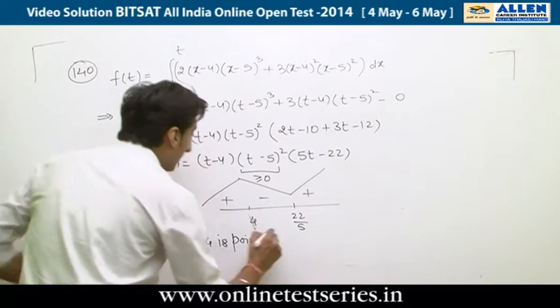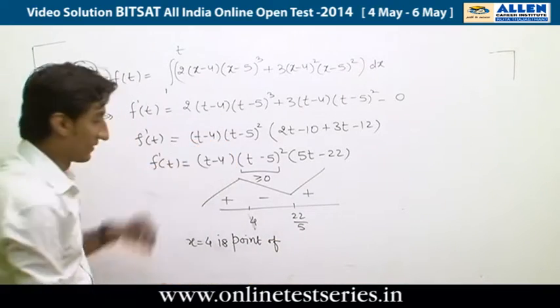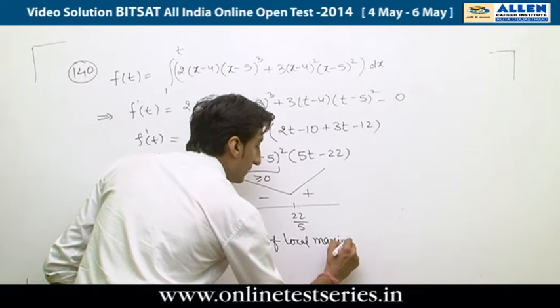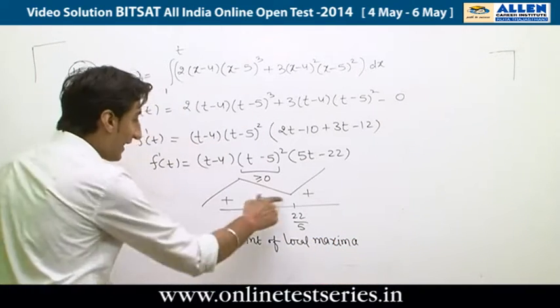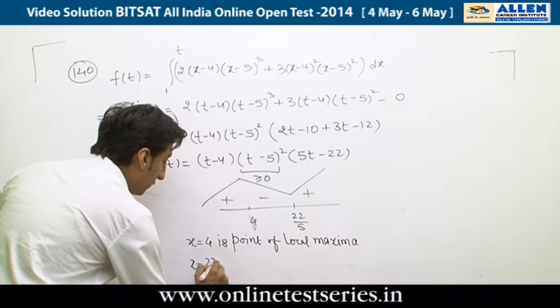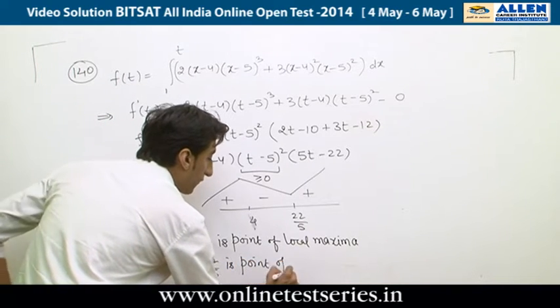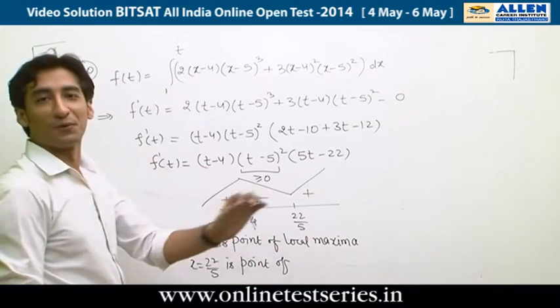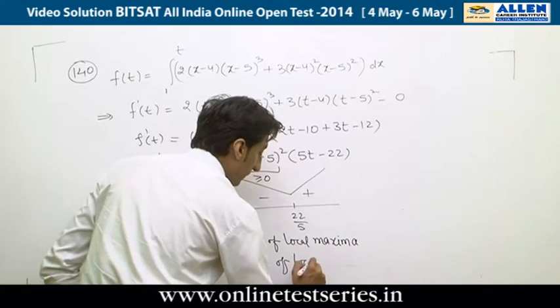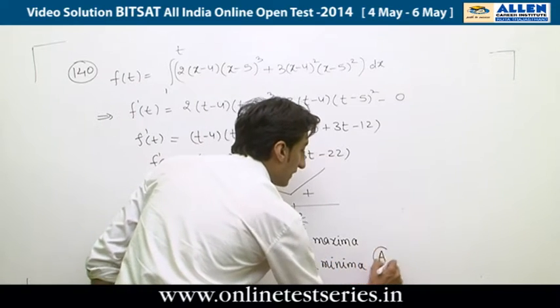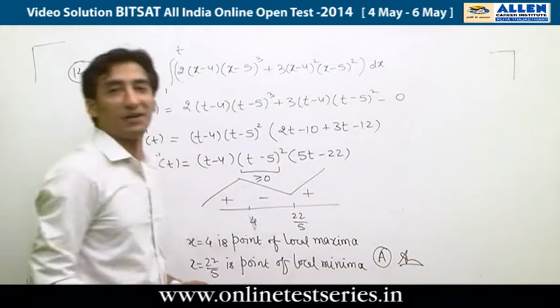It is clearly the point of local maxima, and in a similar manner we can conclude that x is equal to 22 by 5 is a point of what? It would be clearly a point of local minima, and this is our final answer. Hence the answer clearly would be A, no doubt about that.